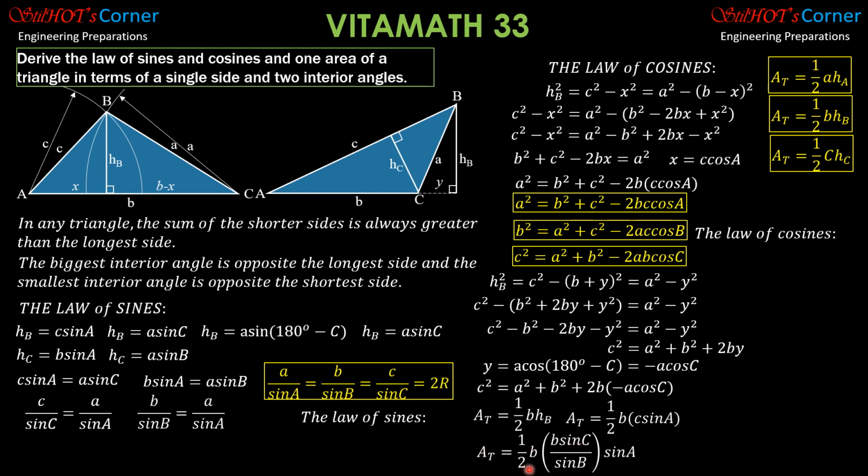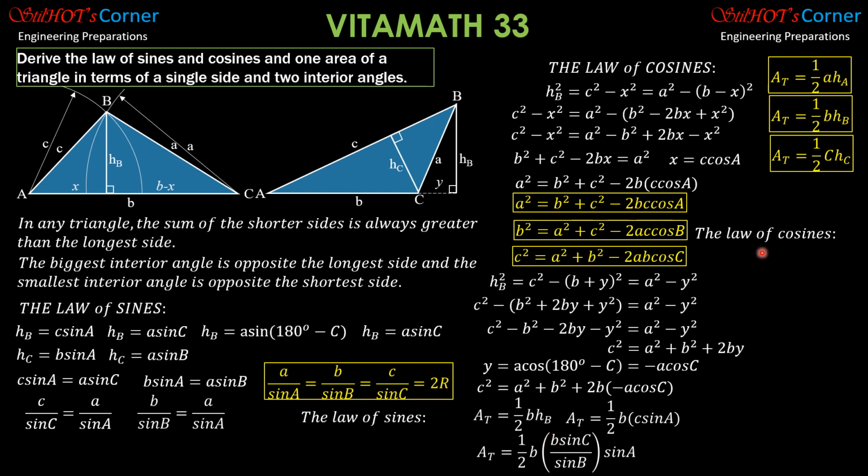is A square, if we choose A as the first side. So A square, then the product of the angles adjacent to that side A. Adjacent to side A are B and C. So A square sine B sine C, then divided by the angle opposite to this side here.